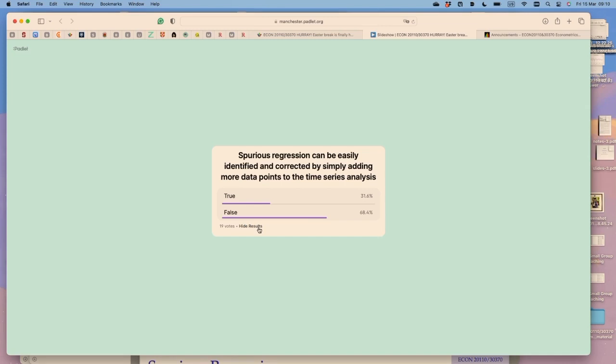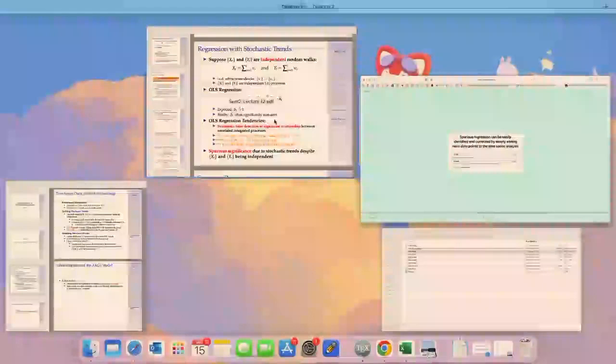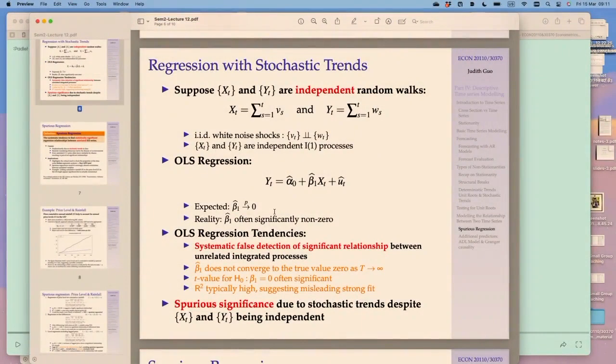We can't resolve the spurious regression just by simply adding more data points to the time series, okay? The OLS estimator is inconsistent no matter how large the sample size is. When we have a spurious regression, the beta hat 1 on the slide does not converge to the true value 0 as the sample size increases.